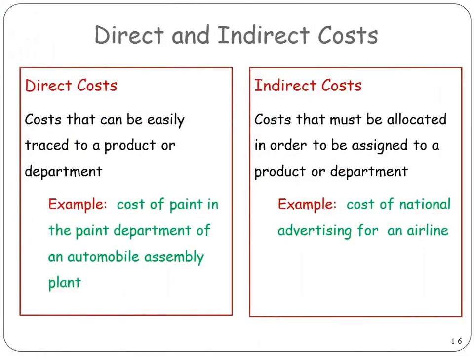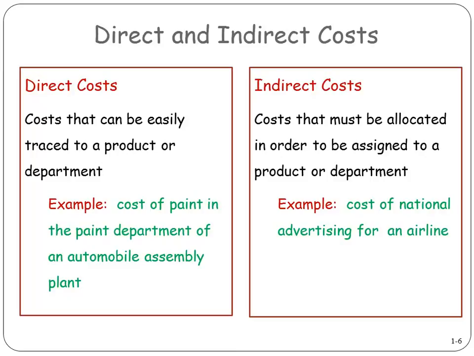Direct costs are costs that can be easily traced to a product or a department, wherever the cost object is. So the cost of paint in the paint department. You know exactly how much paint you put on the exterior of the car. You charge each car for the paint it uses. Indirect costs are costs that need to be allocated in order to be assigned to a given product.